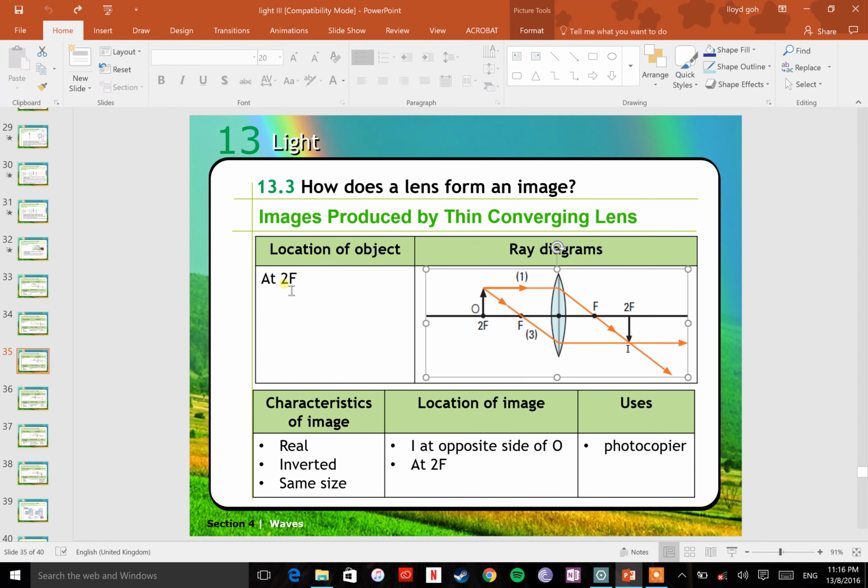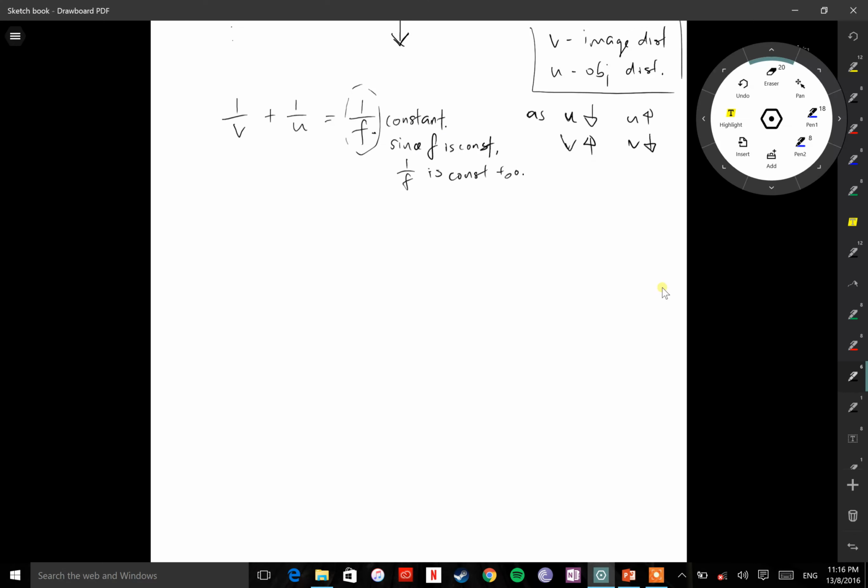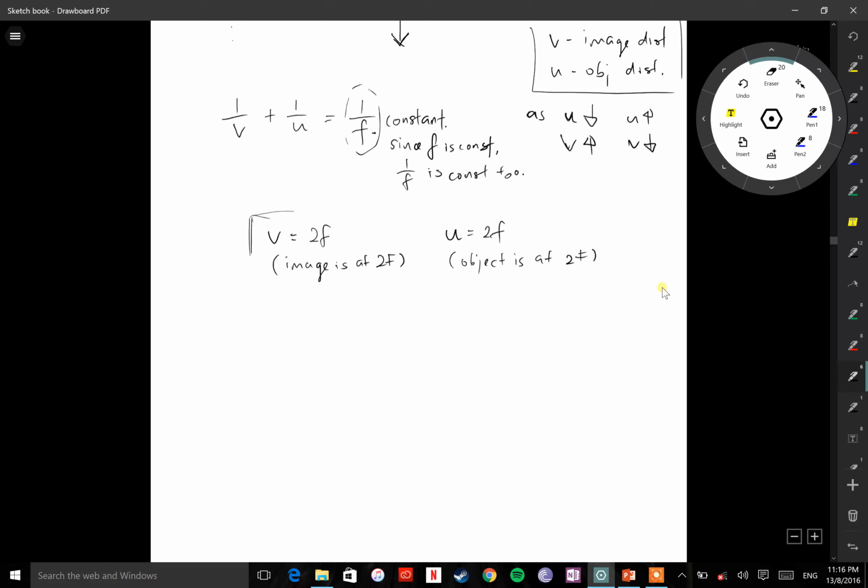If we give values to these, the image distance v will be 2f, and u will also be 2f, since the object is at 2f.